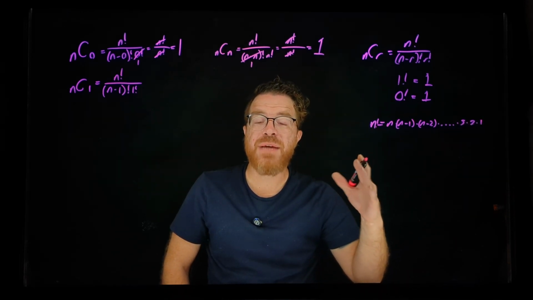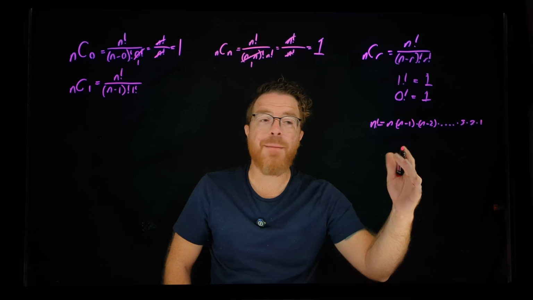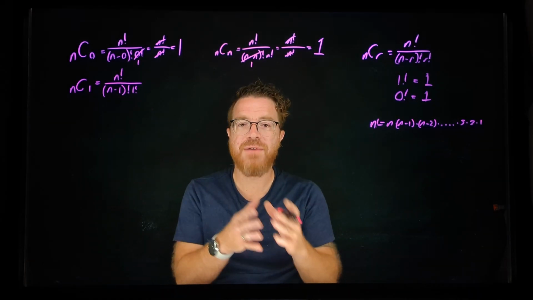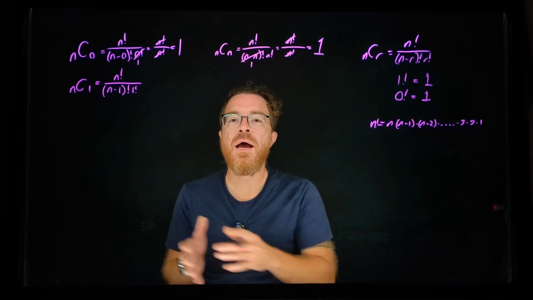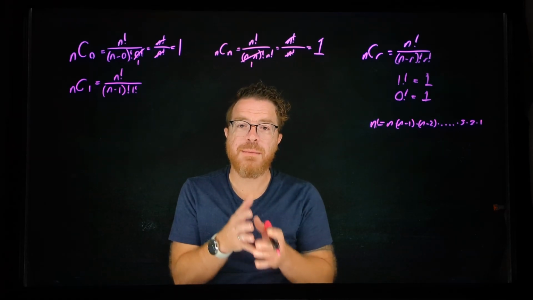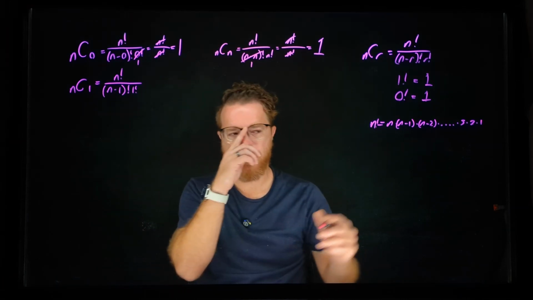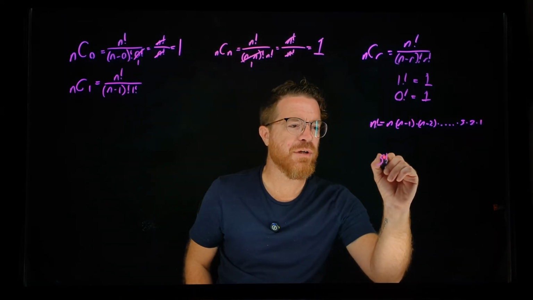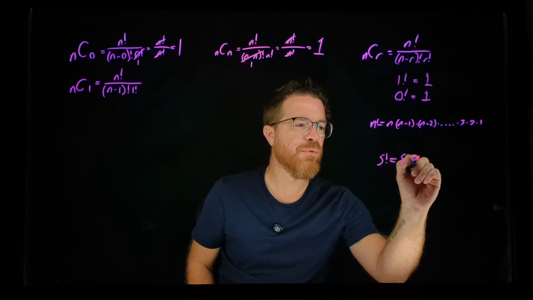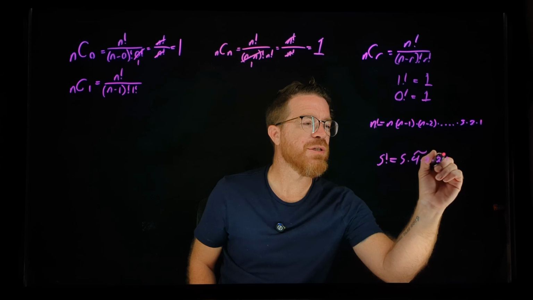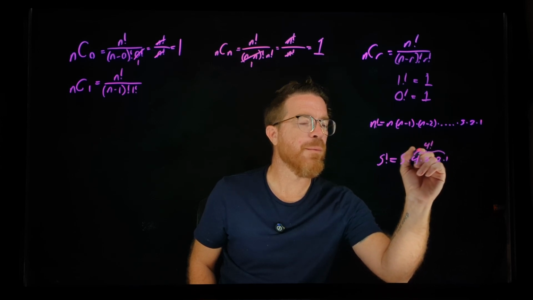And one of the factors we have with a factorial is that we can always stop at any point and just take the factorial from then on, right? If I have 5 factorial, 5 times 4 times 3 times 2 times 1, I can set this as 5 times 4 factorial, because 4 factorial would be 4 times 3 times 2 times 1, right?